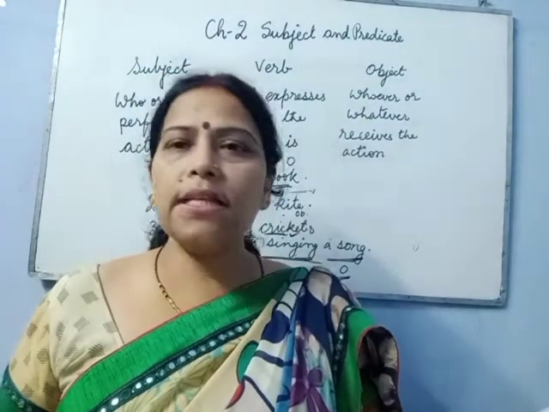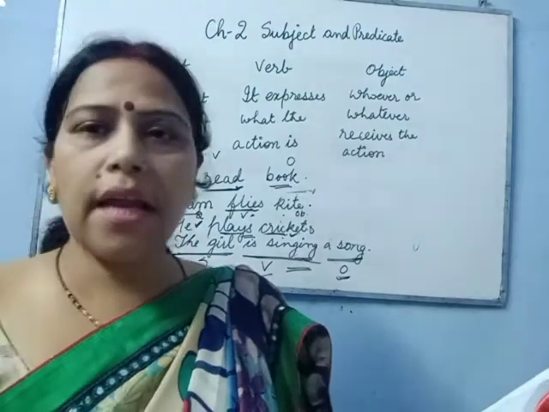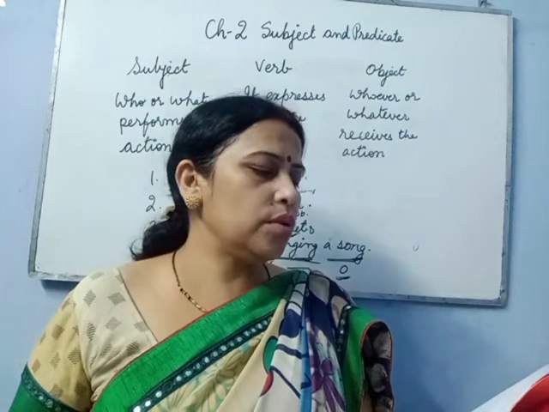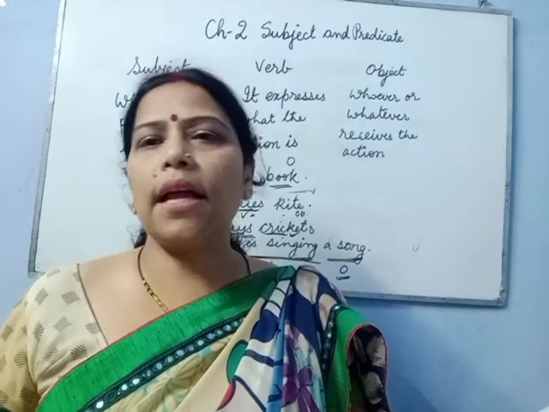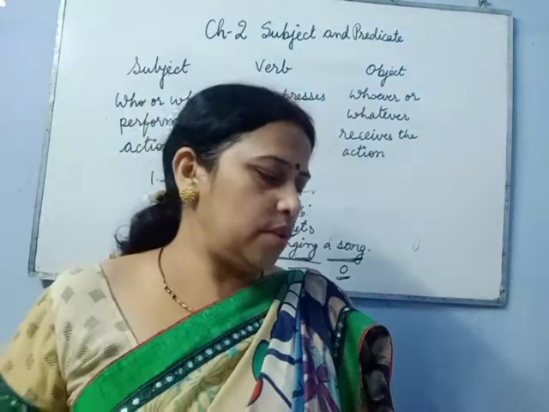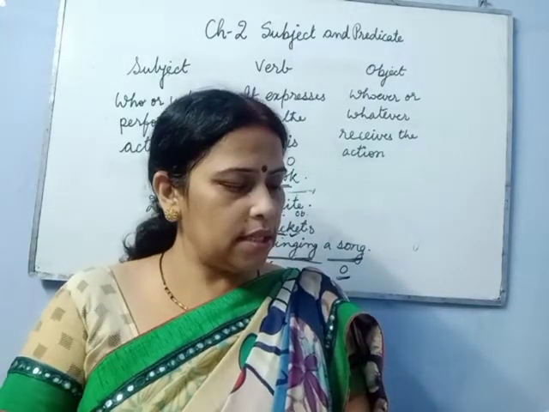Then Tom and his dog. So what you can write? Tom likes to play with his dog. So there also you have understood Tom will be the subject and likes to is the verb and dog will be the object. In the same way you have to do the whole exercise.